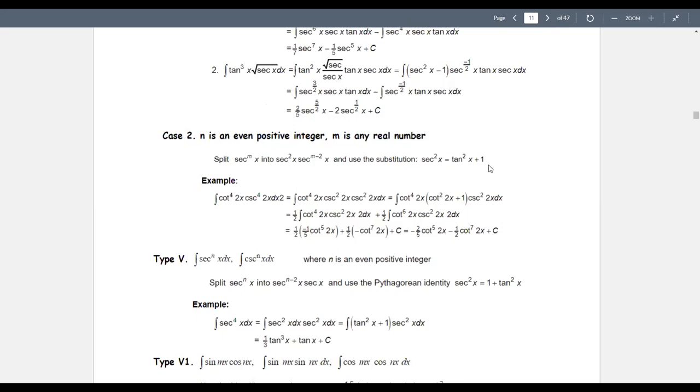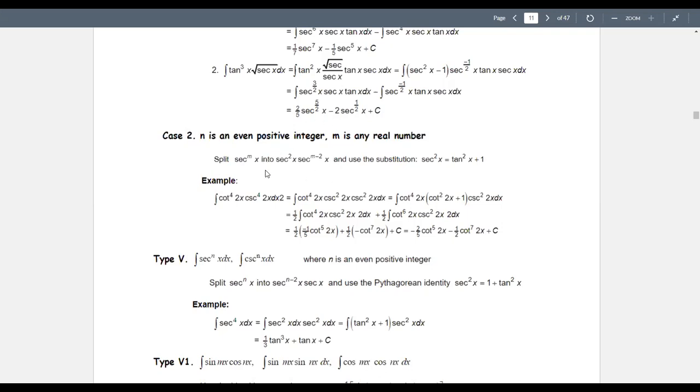Okay? Now, split. So this is the first time in all the types that we have discussed that we subtract not 1 from a particular exponent of a function, but we subtract 2. In this case, from your second function, or it could be also the cosecant function if you have a cotangent cosecant pair of function, this secant squared x, the remaining second function stands as it is.